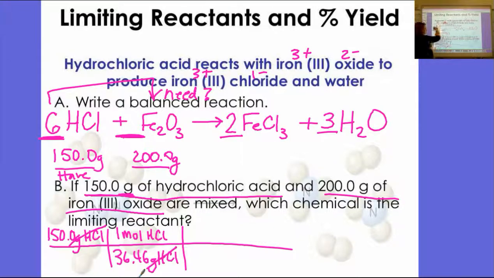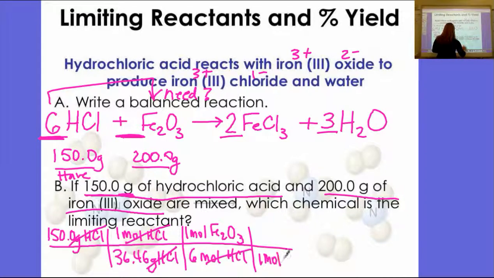Now I need a mole ratio to a different substance. 6 hydrochloric acid has to go on the bottom because I have to cancel out moles of hydrochloric acid to 1 mole of Fe2O3, but I didn't want to get to moles, I wanted to get to grams, so I need another molar mass. 1 mole of Fe2O3 on the periodic table calculates out at 159.7 grams.